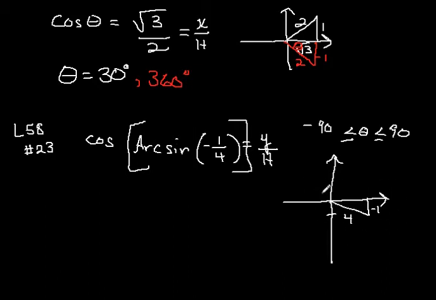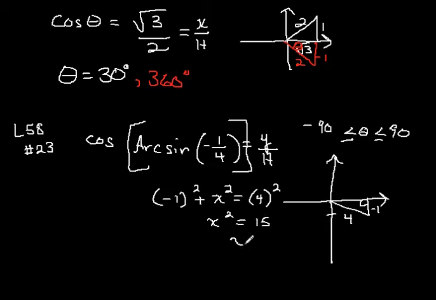Now the cosine is adjacent over hypotenuse, and we don't know adjacent. But we do know we have a right triangle. So we would do negative 1 squared plus, this would be our x value, so we'll call it x squared, equals 4 squared. And we would get x squared equals 16 minus 1, which is 15.